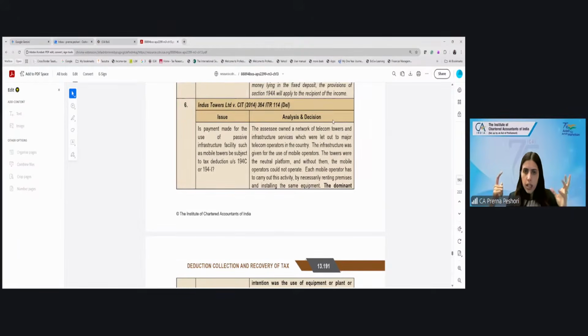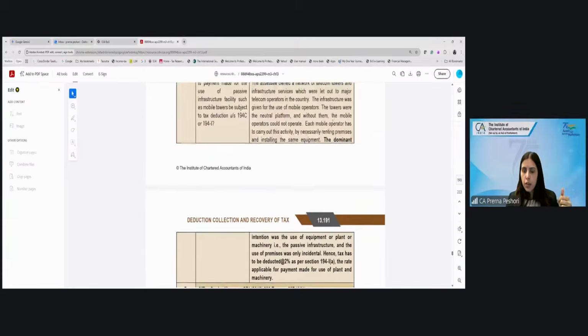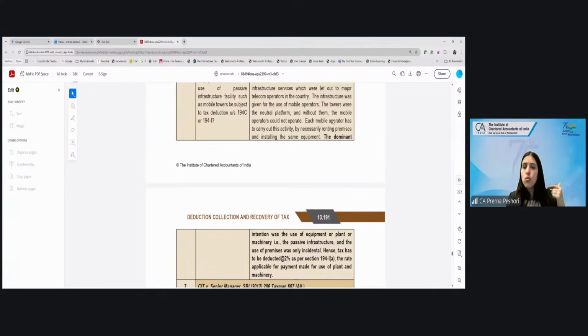The payment is for the use of the towers to operate the network, and the mobile operators pay for usage of the equipment. The intention is to use the equipment or plant and machinery, and therefore, in this case, there will be TDS under 194I and not 194C.